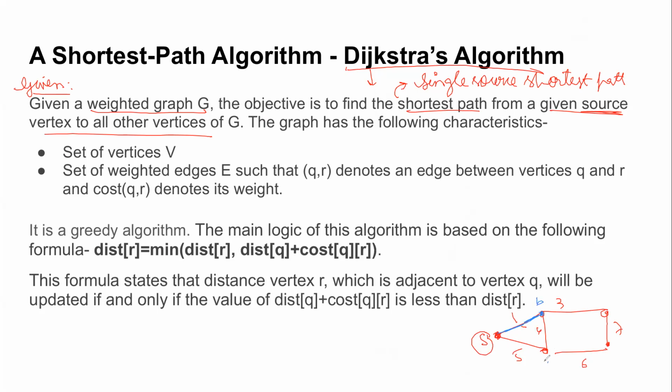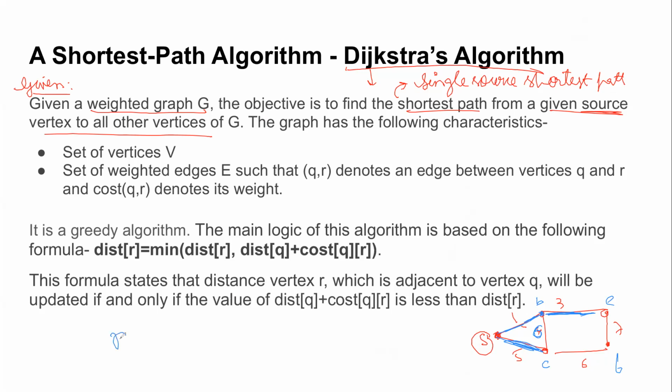The shortest path for vertex C, let me keep it weight 6, is this. Similarly, for this one is this shortest path, and so on. So Dijkstra's algorithm tells you, from a given source, the shortest path to every other vertex. So it's a single source shortest path.